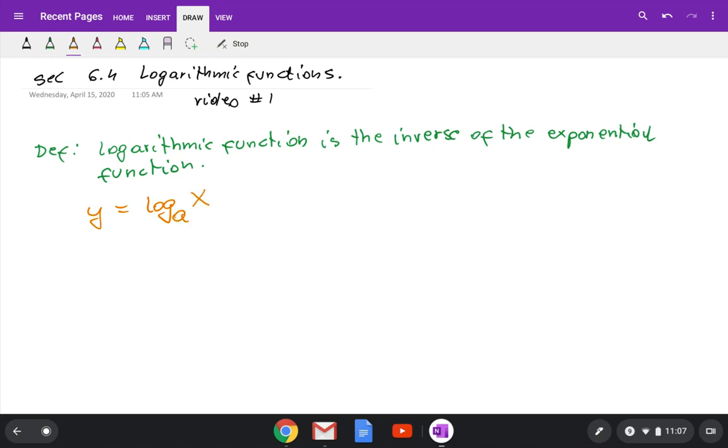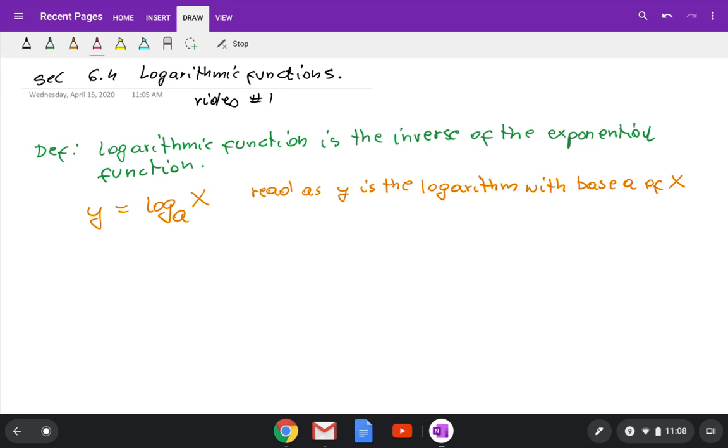So logarithmic function also has a base. This is how you read it: y is the logarithm with base a of x. Okay, so x is input, y is our output.